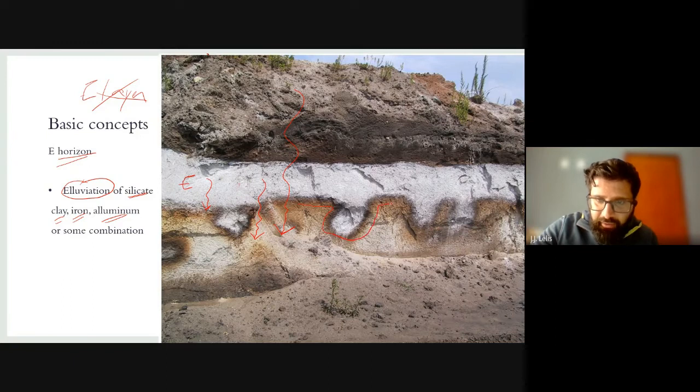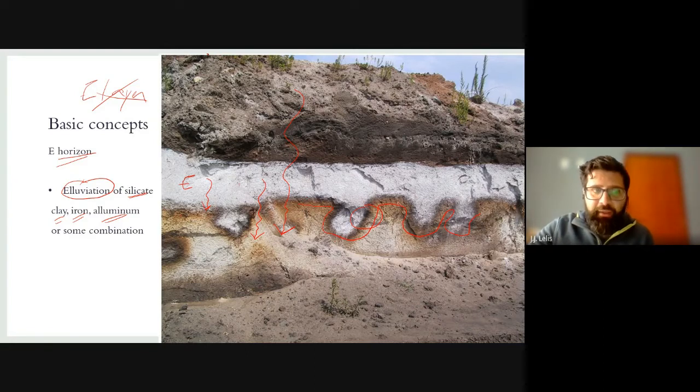You can see here below the E horizon, a dark color. You can see here. And this is not an A horizon. Why? Because it has a wave transition.